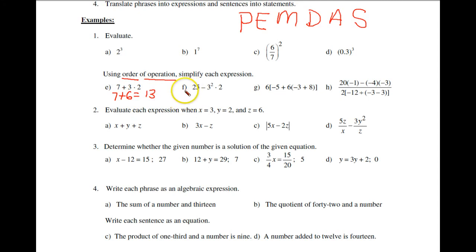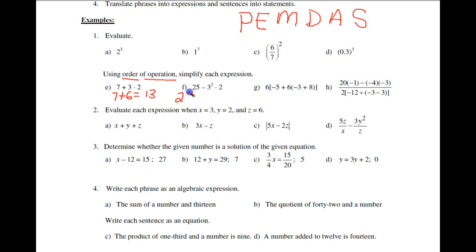Now for letter F, here we have three items, so to speak, and what do we do first? Do we do the multiplication first, or do we raise the power first? Again, exponents is in the beginning, so we're going to do the exponents.